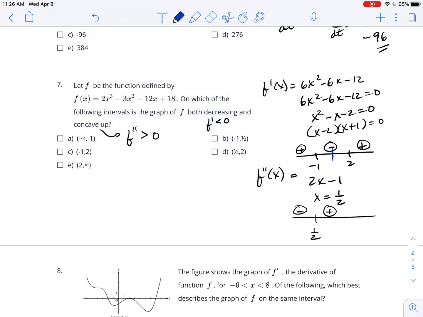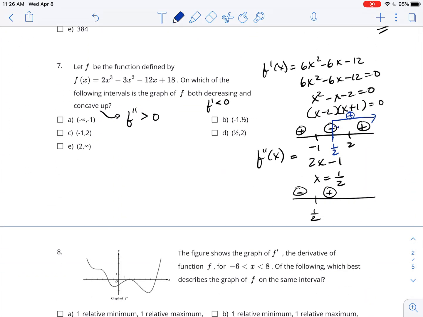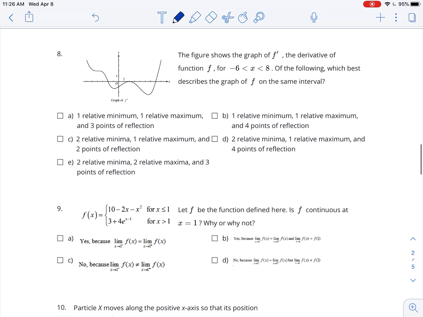And so I'm going to marry these two together on that first number line. 1/2 is going to be somewhere in here, and all of this is concave up. I want to be decreasing and concave up, sorry about that. So I want to be in this little interval right in here from 1/2 to 2.